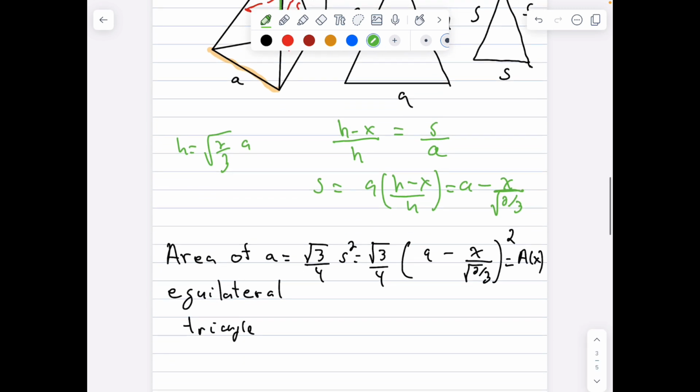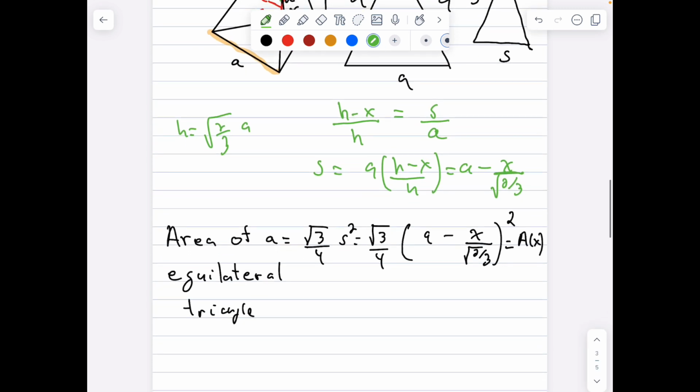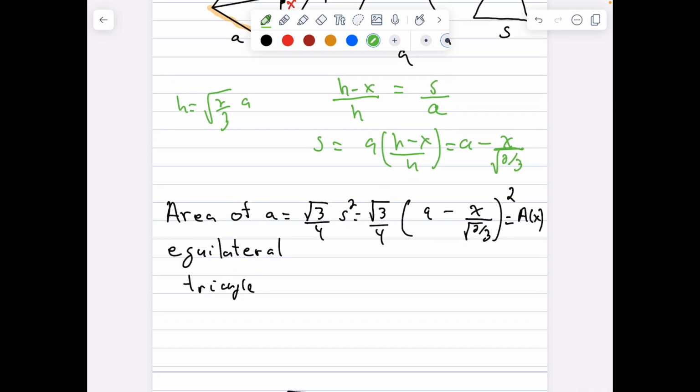Now, once you get that, you're pretty much good with these problems, because the next part often entails using an area from geometry. A of x here is what I'm looking for, and that's the area of the cross section, which is an equilateral triangle, equal to root 3 over 4 times the side squared.